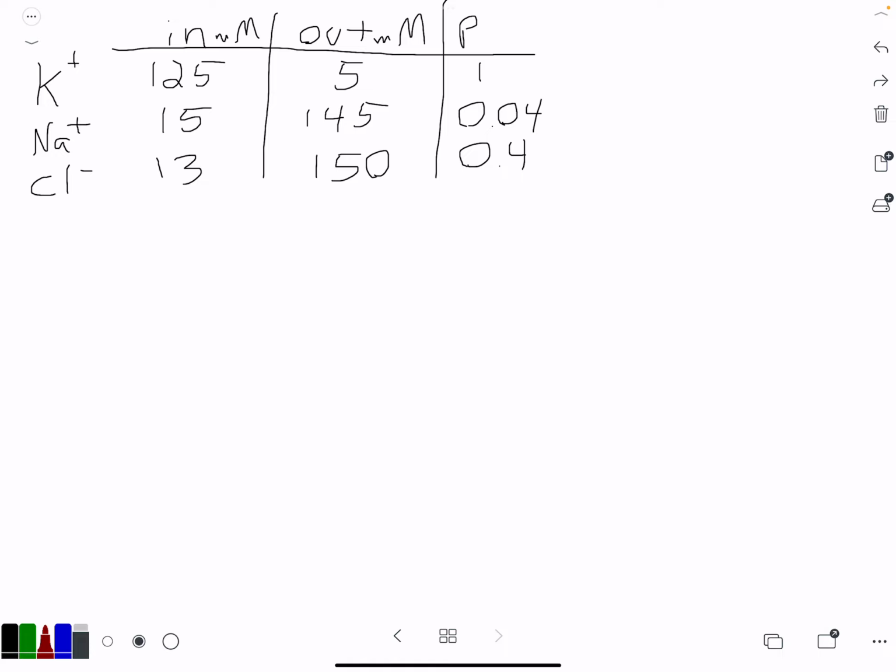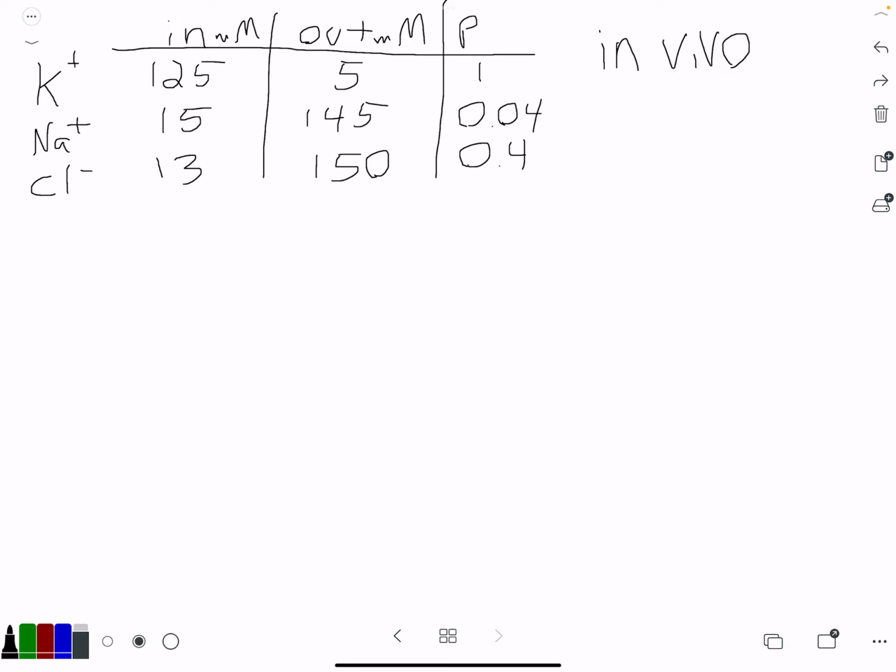And I may say we're doing an in vivo study in rat neurons, for example. So let's solve the equation for this using Goldman's equation.